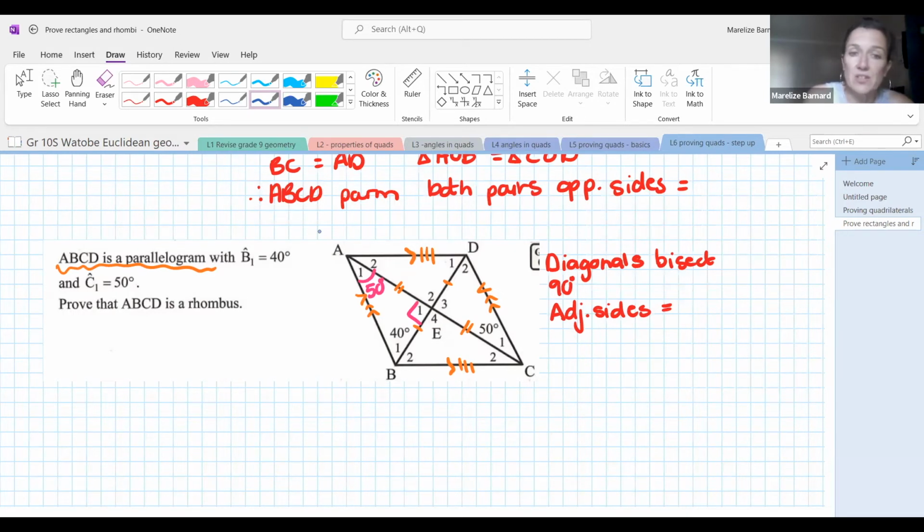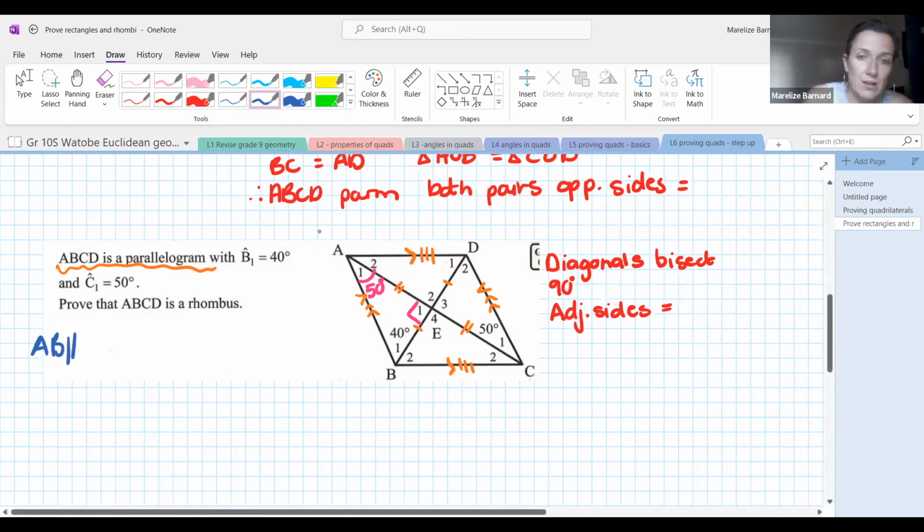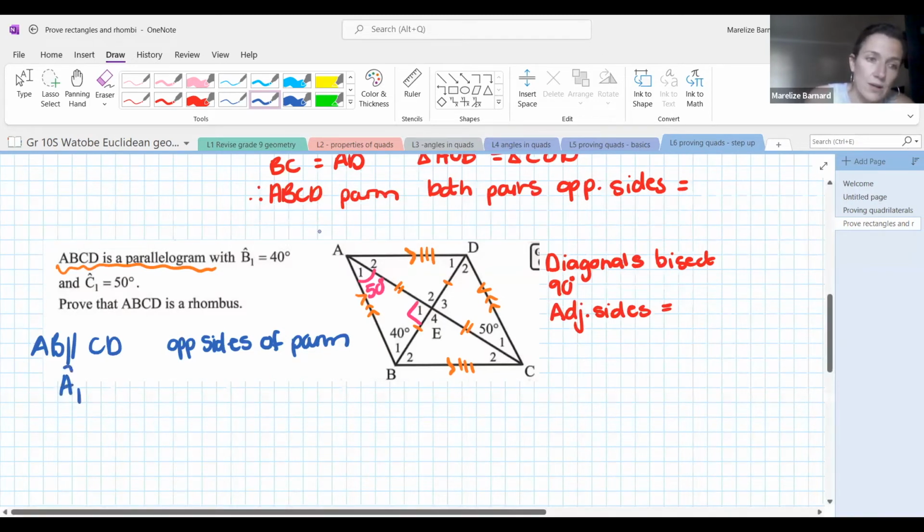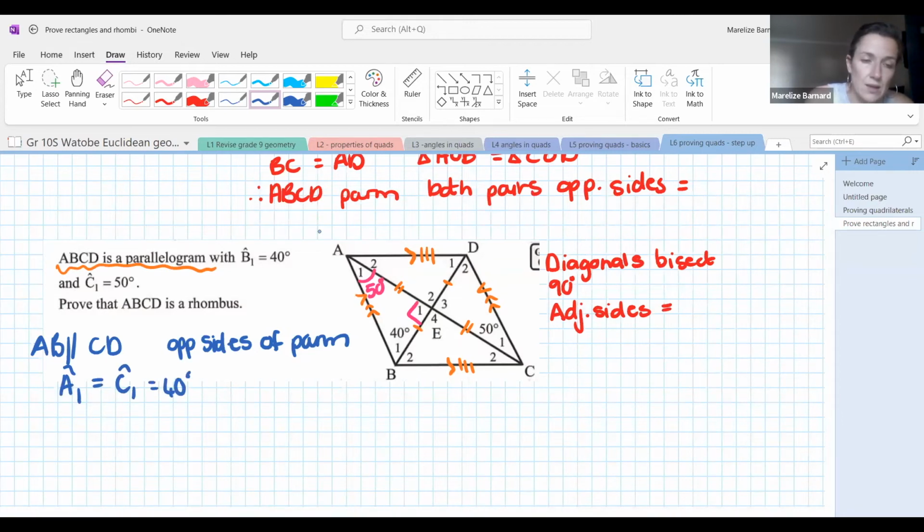So first we have to say that AB is parallel to CD. Why can you say that? Because of the opposite sides of a parallelogram. And only then can you start using alternate angles. Okay, so then you can say A1 is equal to C1 is equal to 40.